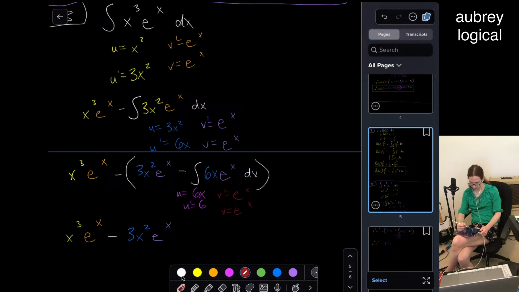And do minus again, and it's going to be 6x times e to the x minus the integral of 6 times e to the x.